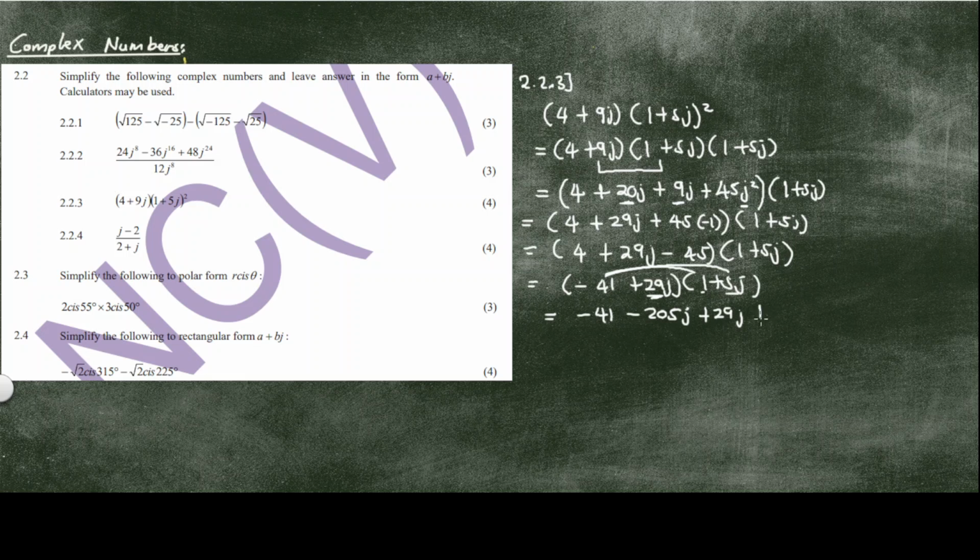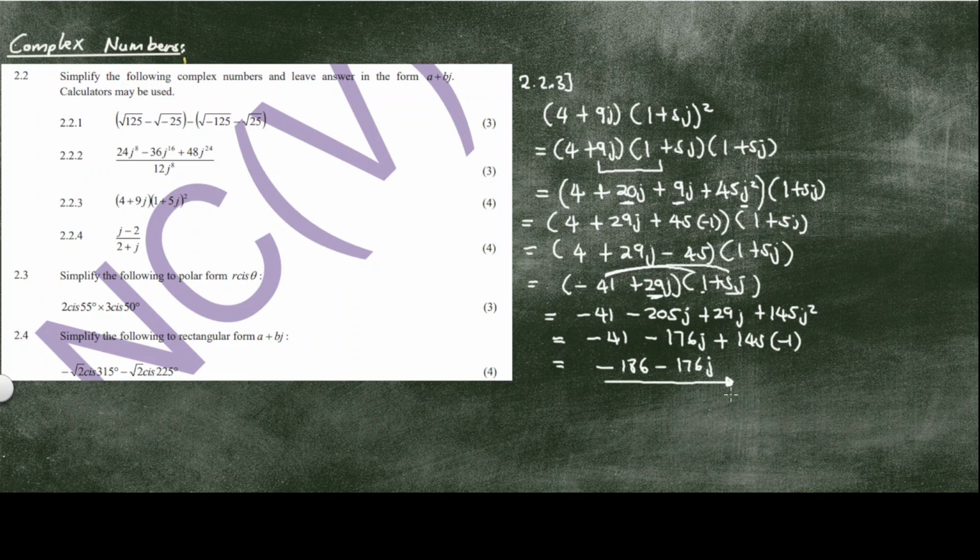I'm getting a plus 145j squared equal to minus 41, and then minus 205 plus the 29 gives me a minus 176j and a plus 145 times minus 1. Alright, so minus 41 plus the 145 with a negative 1. I'm getting a minus 186 minus 176j.